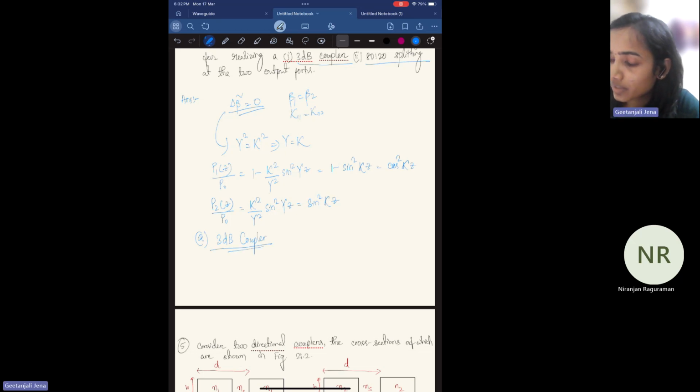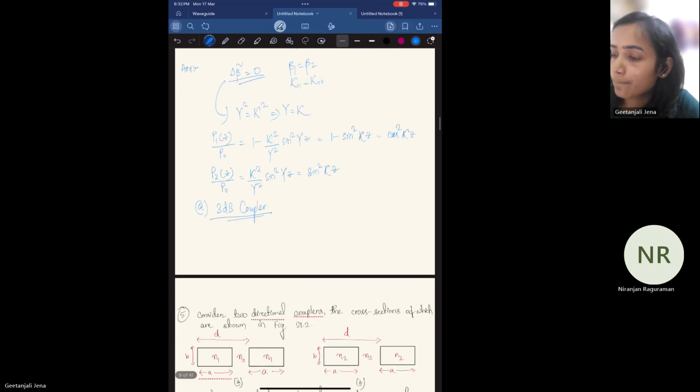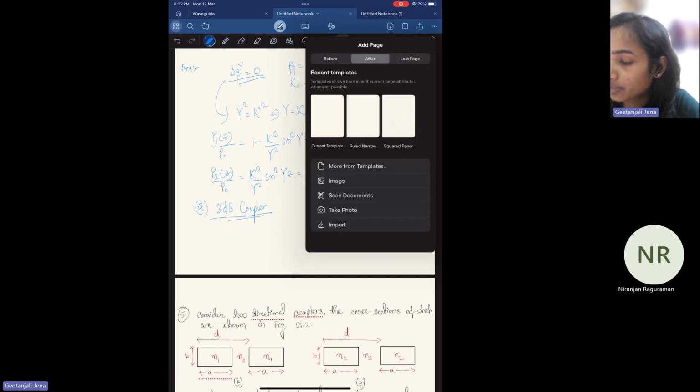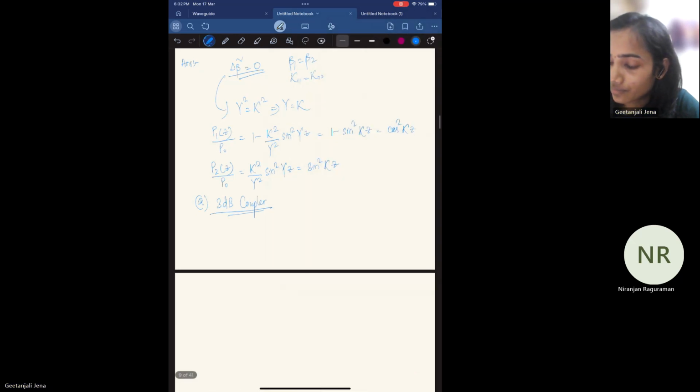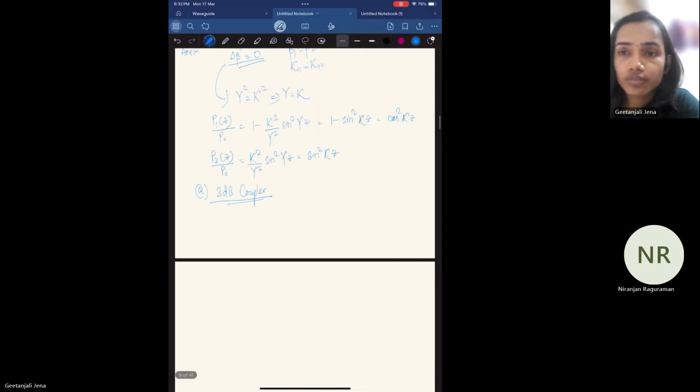So what is the meaning of a 3 dB coupler? A 3 dB coupler means we have 50% power in the input port and 50% power in the cross port. So there is a 50-50 power splitting.